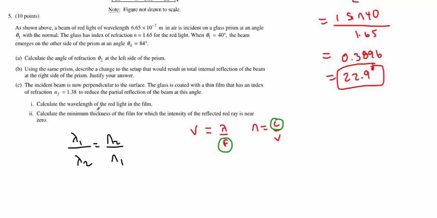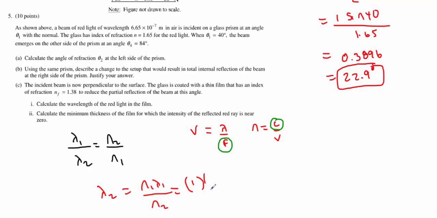Ultimately, if I want to know the wavelength of the red light in the thin film, I need to get lambda 2 by itself. Doing some cross multiplying, lambda 2 is equal to n1 lambda 1 over n2.